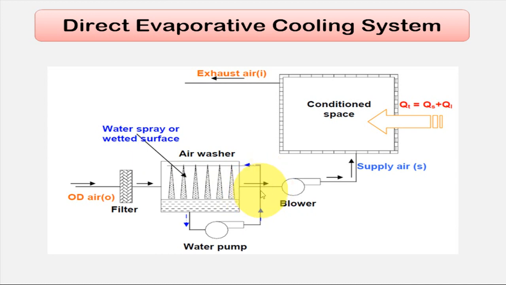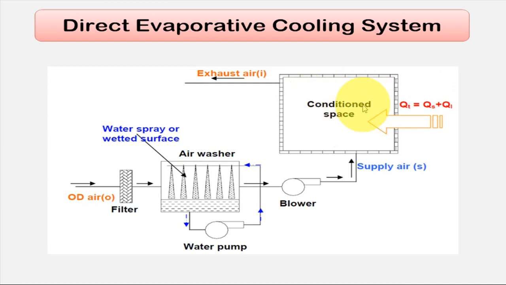So we get cool and humidified air, cool air with the addition of moisture content. That air will be sent to the space. Here the occupant is there, and we require a lower temperature.